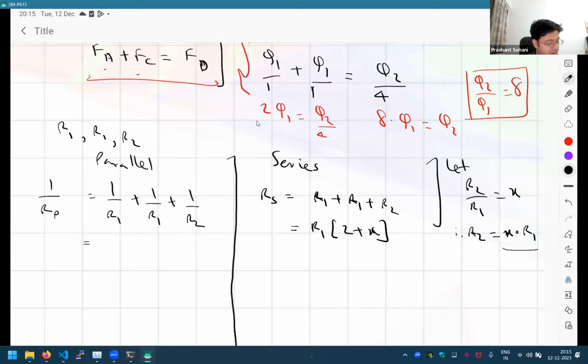Because R2 will be replaced by R1x and R1 will come common. So this is the resistance in series, and in parallel we have to take the LCM. So again, instead of writing R2, I'm going to write x times R1, right? So when I take the LCM, x times R1 square, and the numerator, what am I going to get?